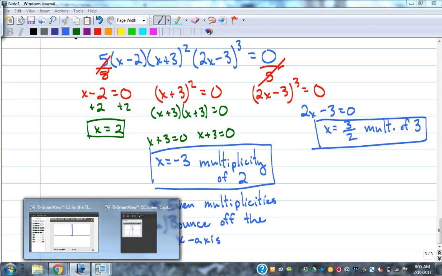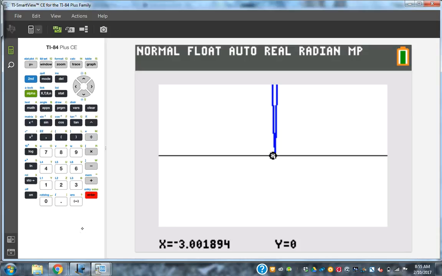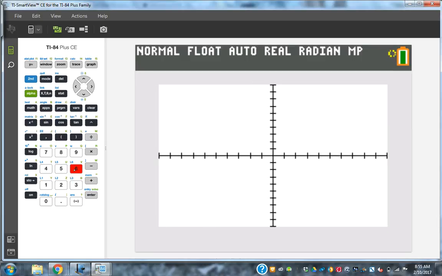Now let's look at what's happening with that graph at x equals 2, wasn't it? Yeah, +2. So I'm gonna hit zoom 6, go back to my regular window, and then I'm gonna zoom in on the +2, because I know it does go all the way down and hits it. You gotta zoom in a lot.